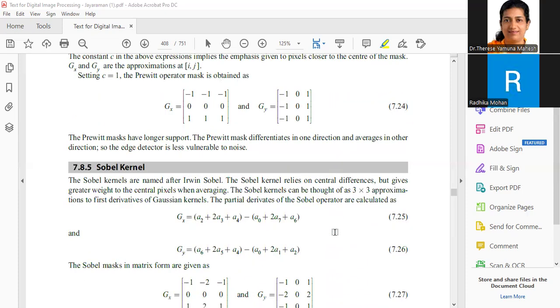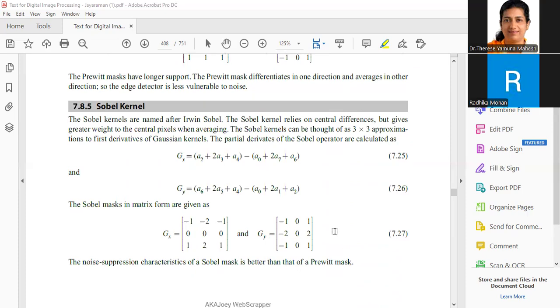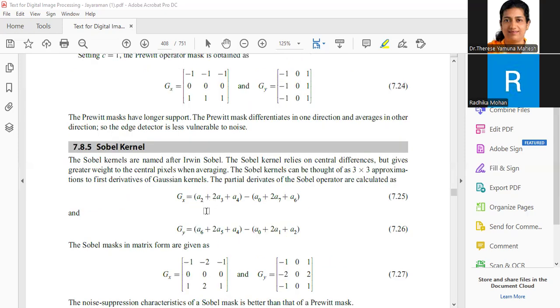Similarly, you have the Sobel operator kernel. The Sobel operator is very important because we get good output using this kernel. It is just like the Prewitt kernel. Only thing is, the middle term has to be multiplied by 2, in both the rows.